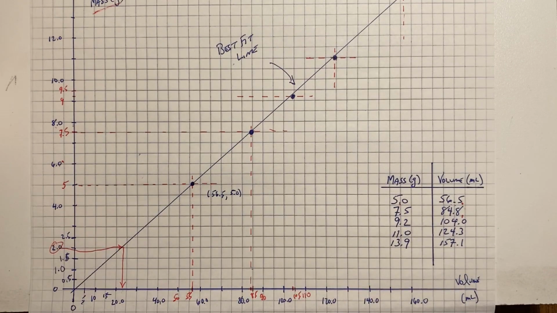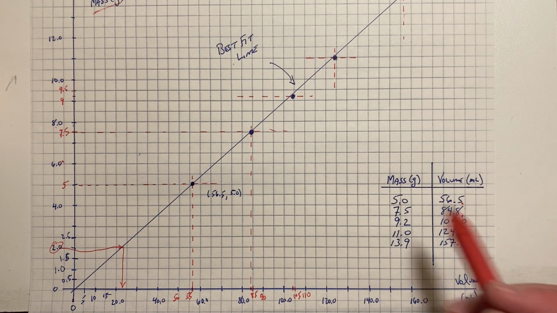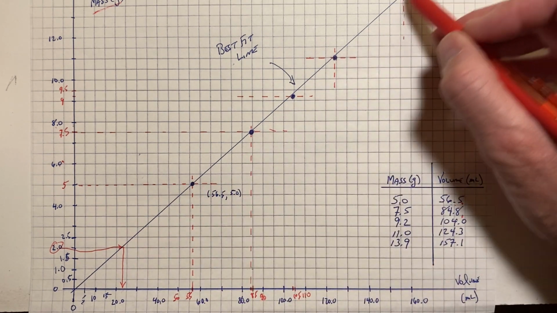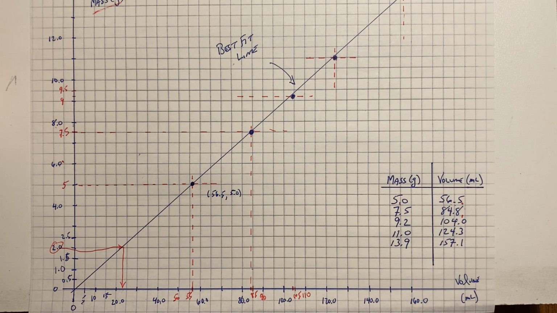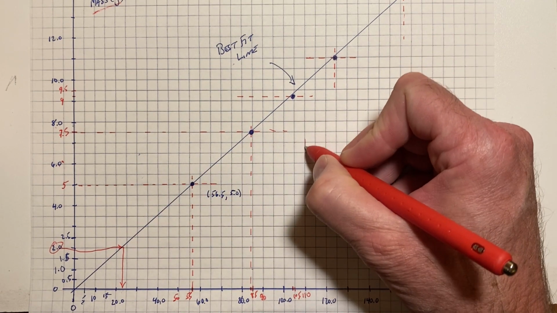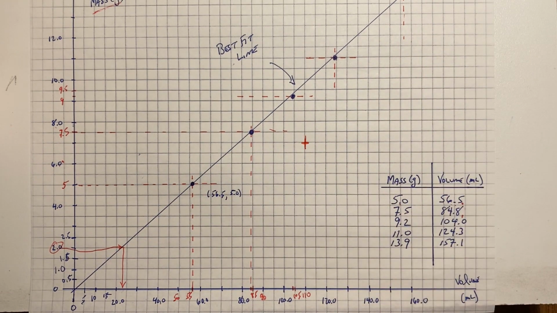Now, in a previous video, we took a look at this data right here for our mass and our volume. We drew our best fit line during that video, and now I want to find the slope. So again, I encourage you to find a data point where the best fit line goes through like a cross so that the data is easy to read.